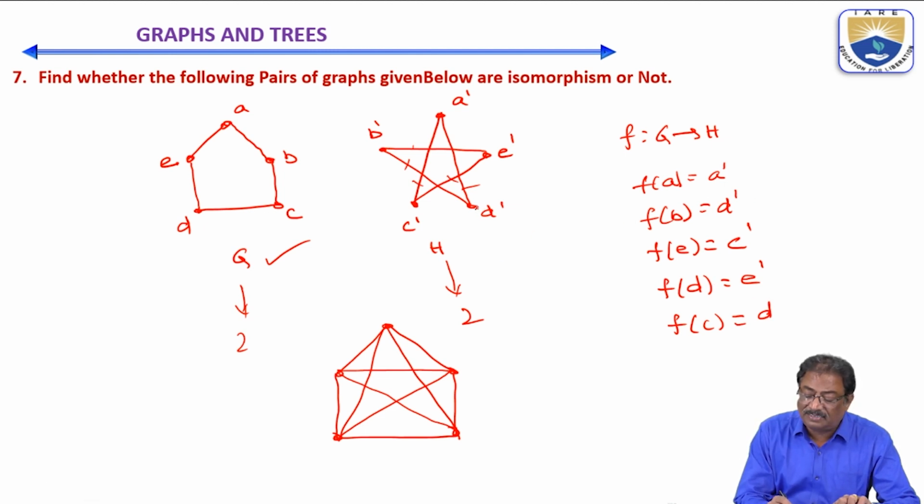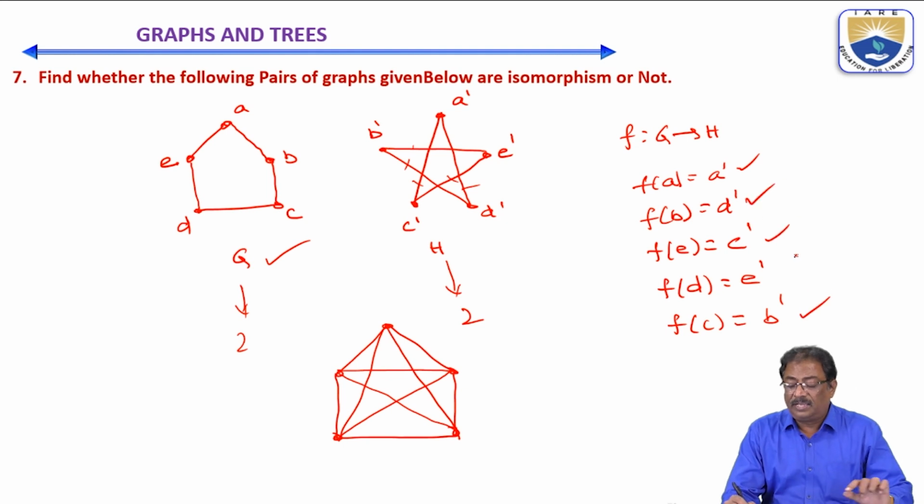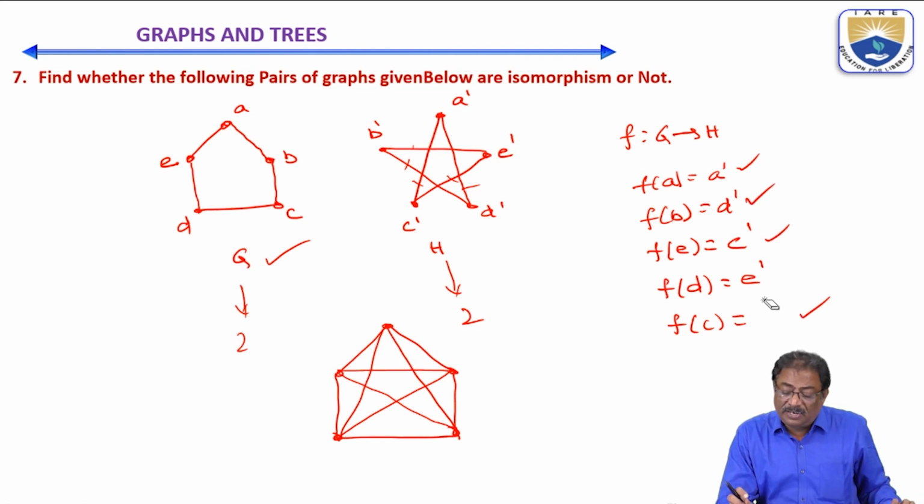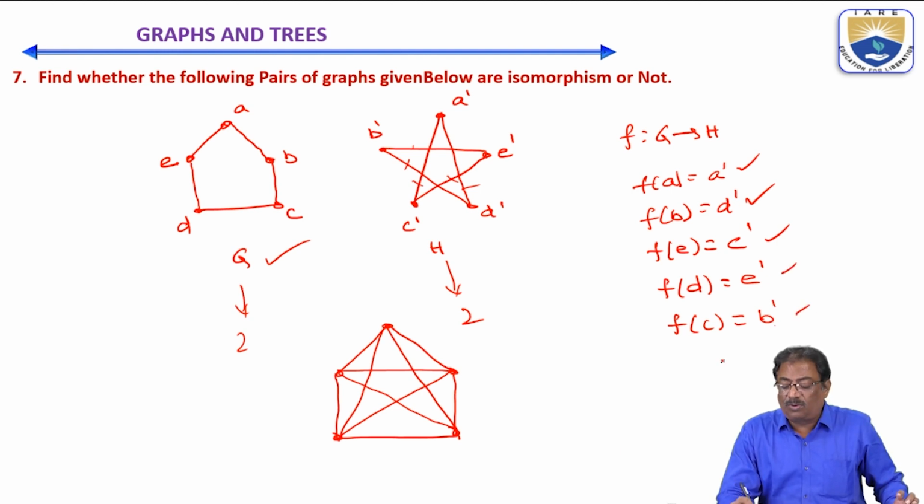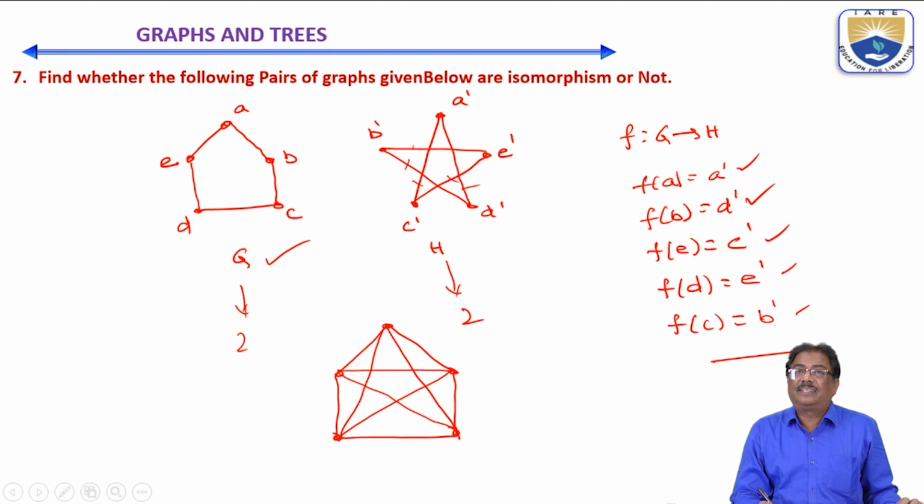So D dash's adjacency is B dash. So A dash is over, B dash is over, C dash is over, D dash, E dash. So all are over. Under this, we can say that both graphs are isomorphic to each other.